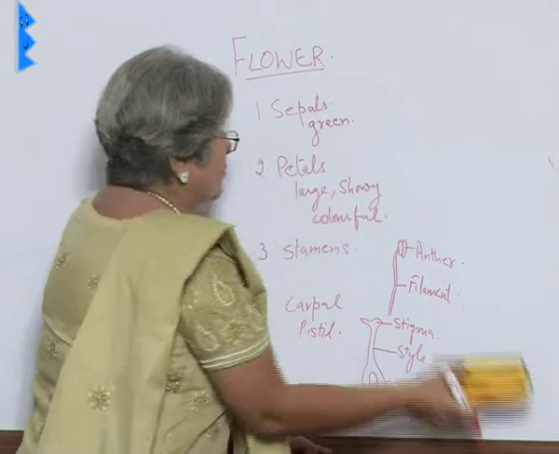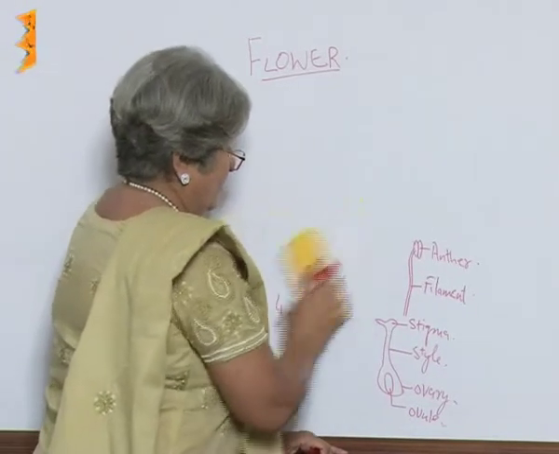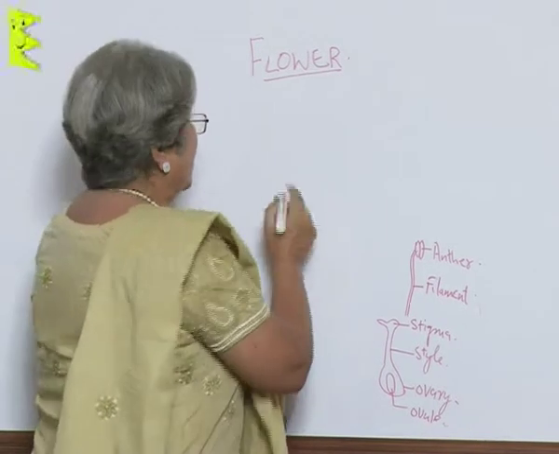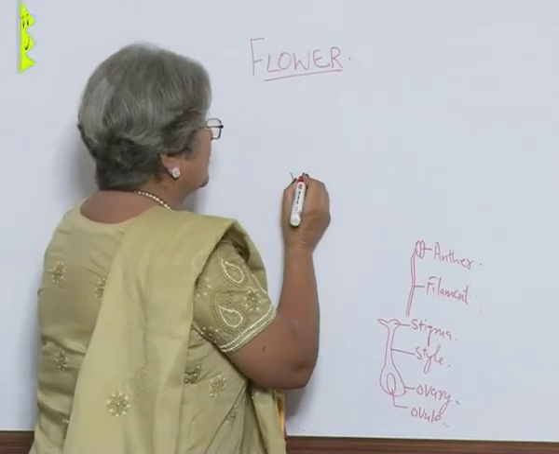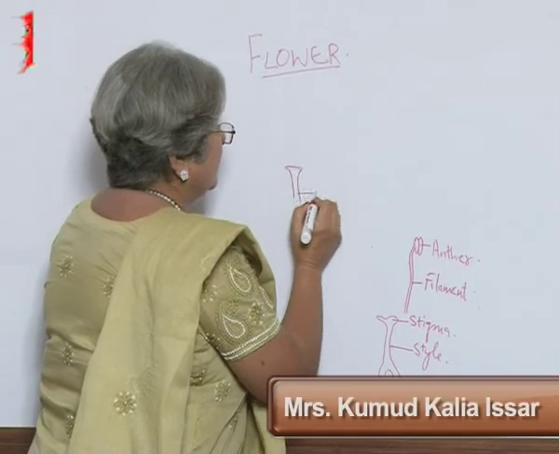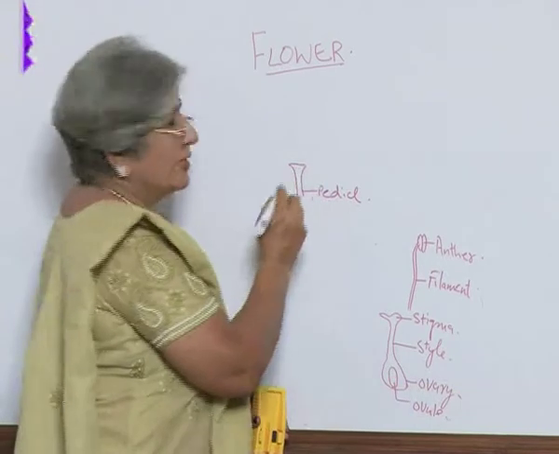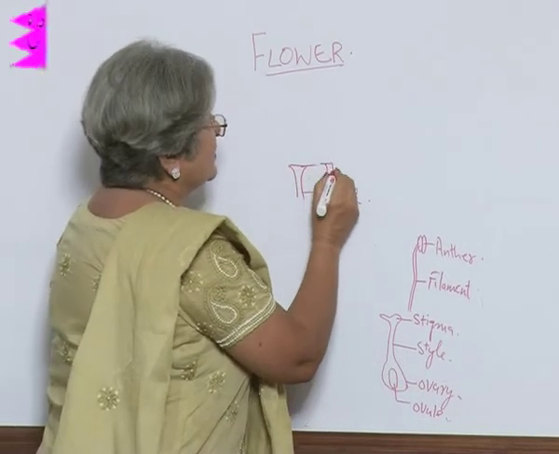We can also draw the diagram of a flower. A flower has a stalk called pedicel. It ends in a disc-like structure called thalamus.